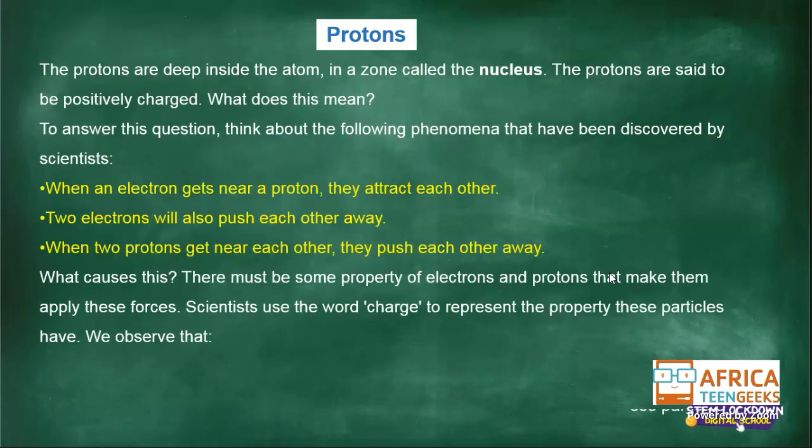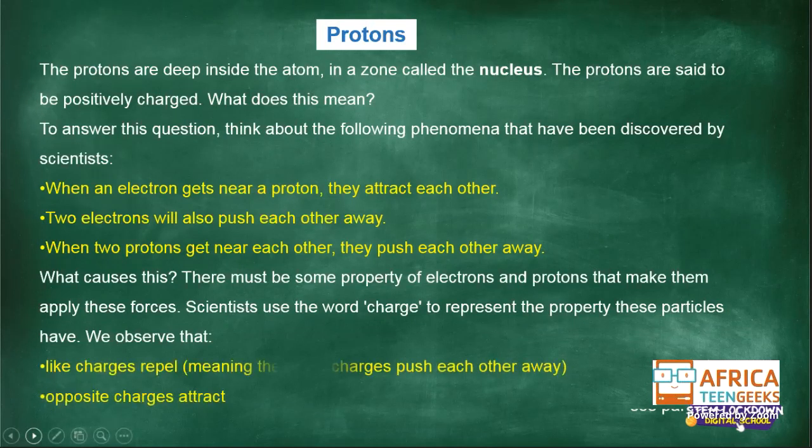So they said that protons are positively charged and electrons are negatively charged. So their deductions through their observations were, and you need to learn this very well, like charges repel each other. That means that they push away from each other. And opposite charges attract each other.